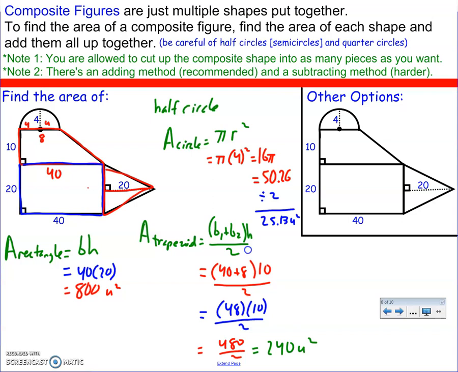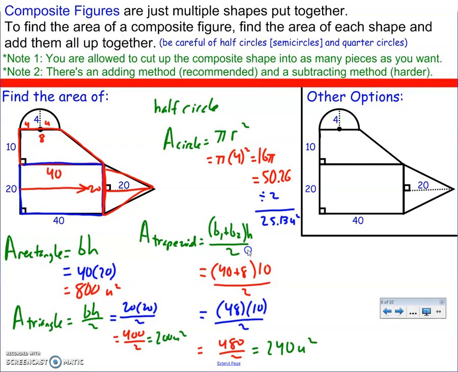The base, we know it's 20 over here because this goes over there. That's a rectangle. So we know base of 20, height of 20. So area of the triangle is base times height over 2. Base is 20, height is 20, over 2. That is 400 over 2, which is 200 units squared.